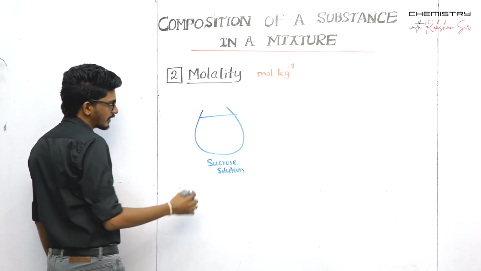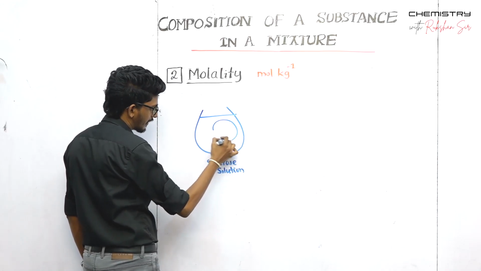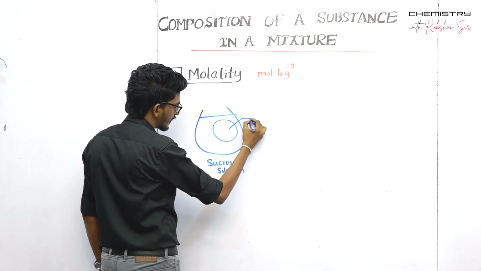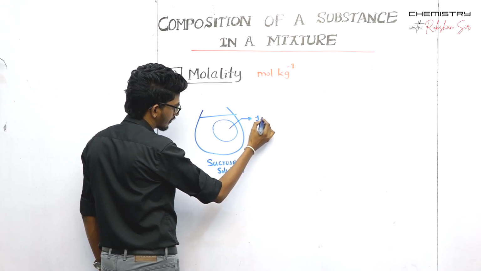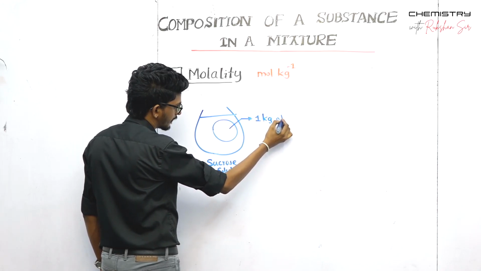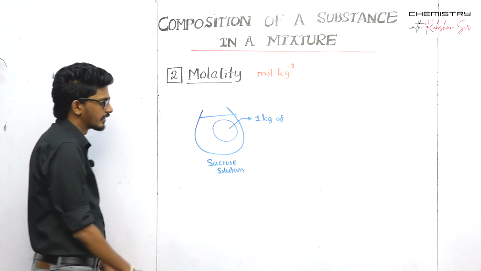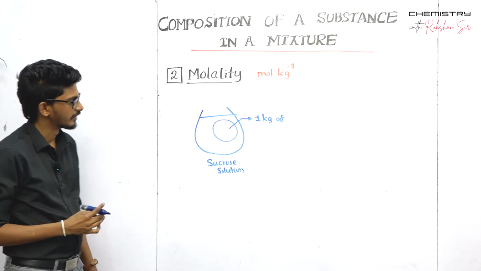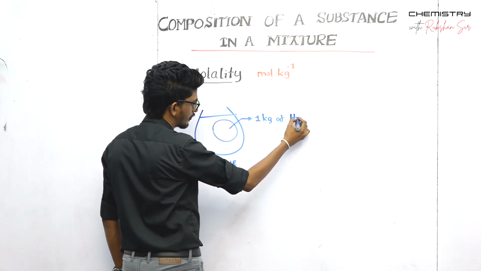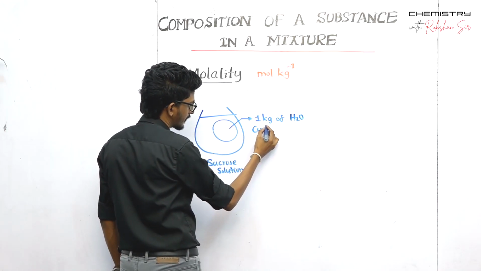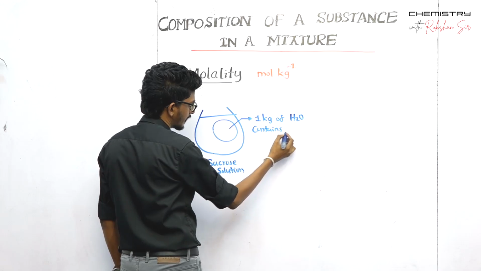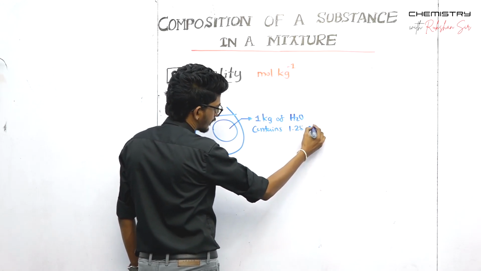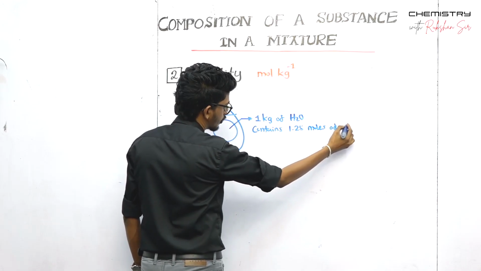Let's say 1 kilogram of solvent, 1 kilogram of water, contains 1.25 moles of sucrose.